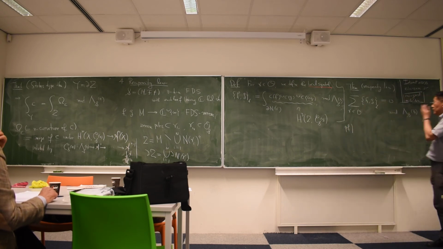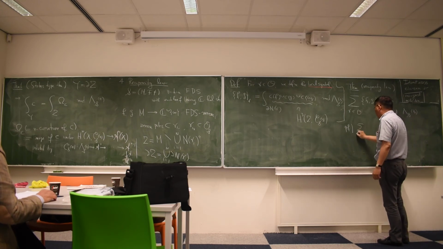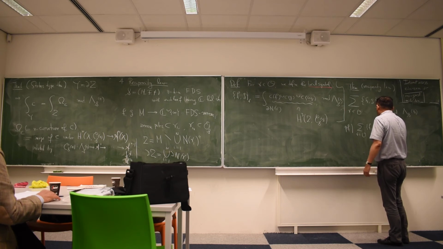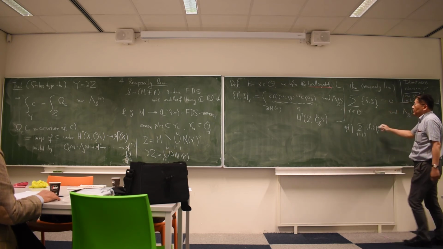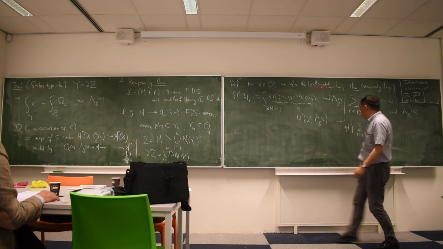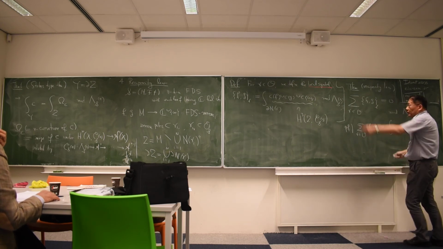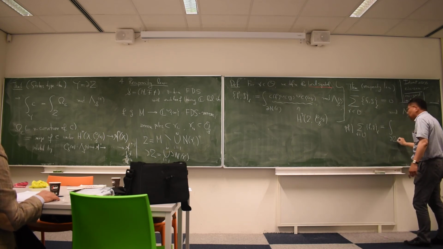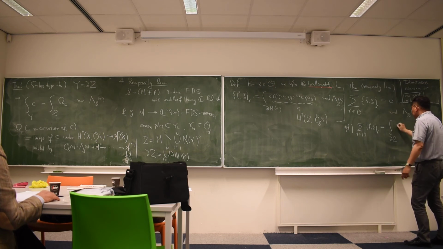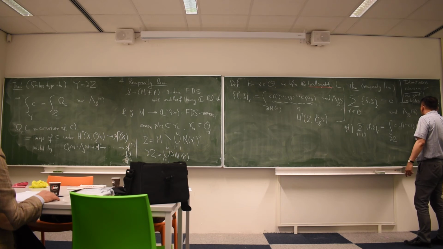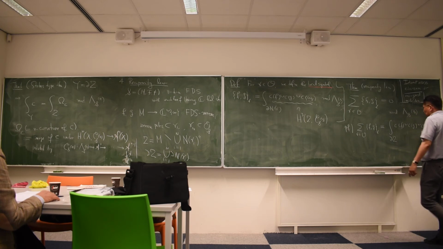The proof just follows from the Stokes theorem, because this sum, by definition, is just the integral over the boundary of Z of C_f, C_g and C_omega_S. Okay.